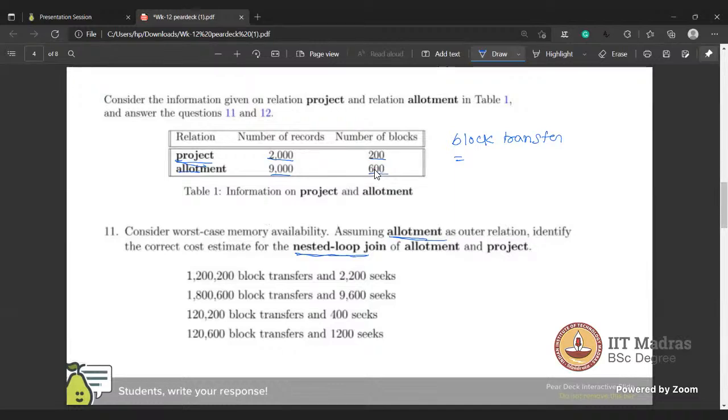Okay, so what is the formula for block transfers in nested loop join? Sir, NR into BS plus BR. This is the number of records in the outer relation.